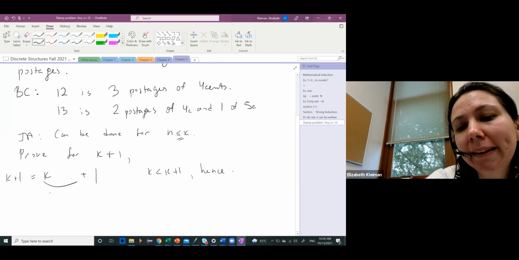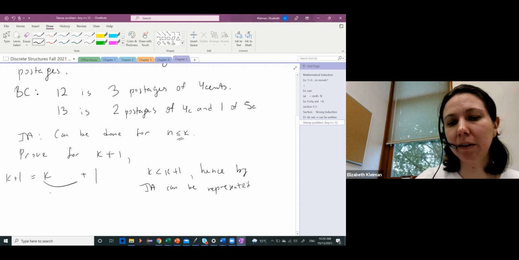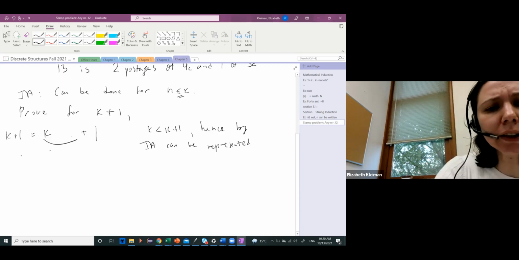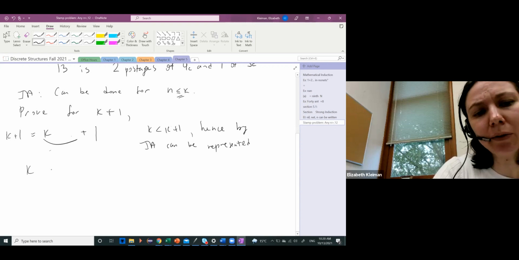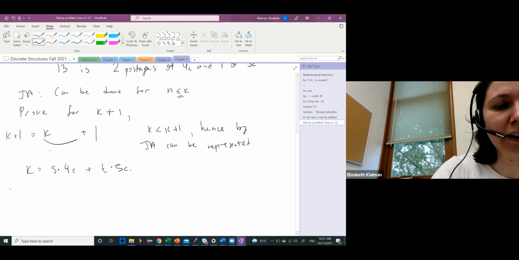Hence, by induction assumption, it can be represented. So k is equal to s multiplied by 4 cent postages plus c multiplied by 5 cent postages.